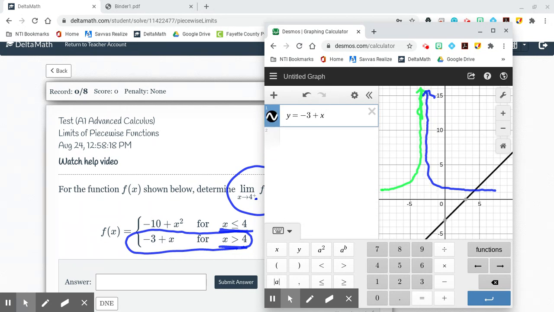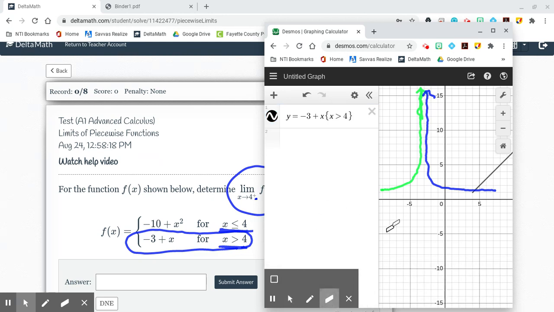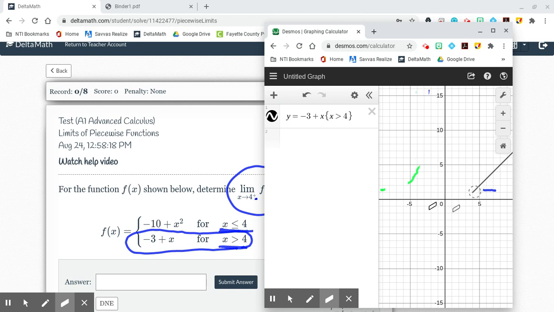And I only want that to graph when x is greater than 4. And I'm going to erase this other mess out here. Okay, and I want to approach from the right.